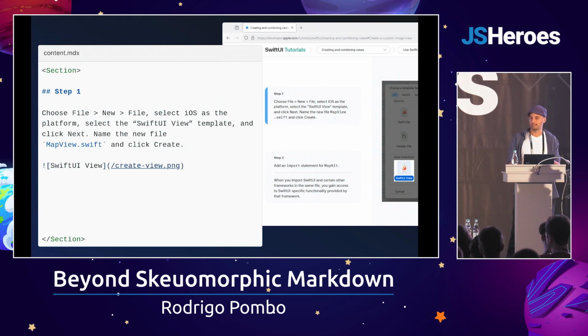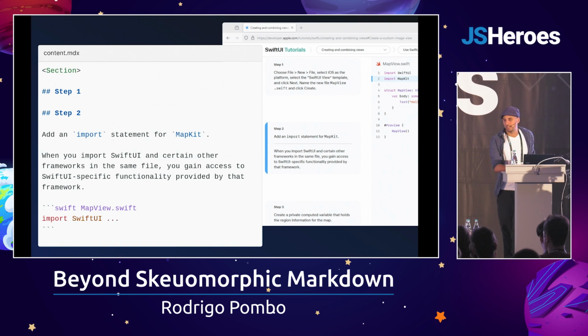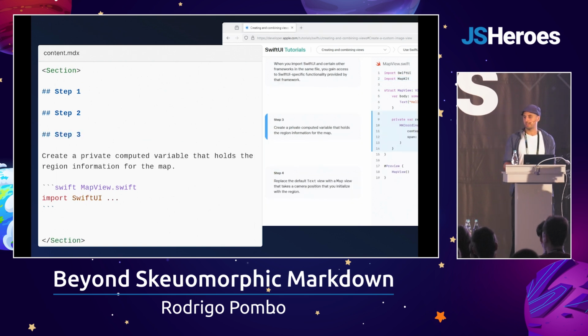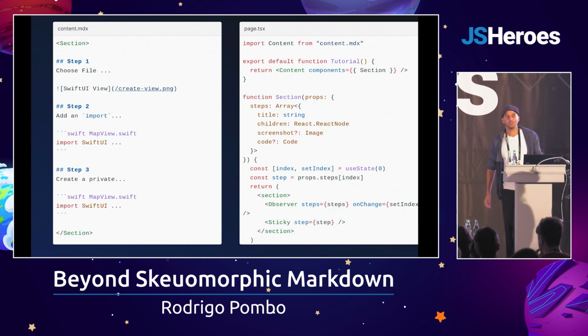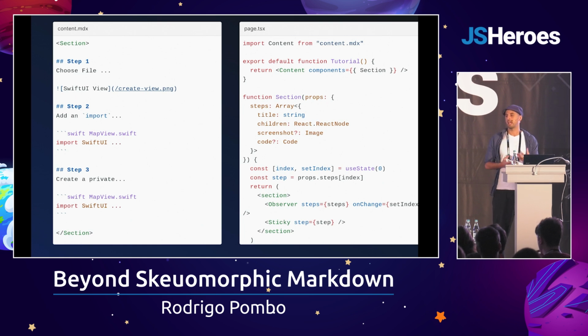For those who don't know, this is the syntax for images in Markdown. Then we have step 2, similar, a paragraph and a code block. And step 3 is, again, some text and a code block. So we now have the content for at least one section, and the component to display that section.